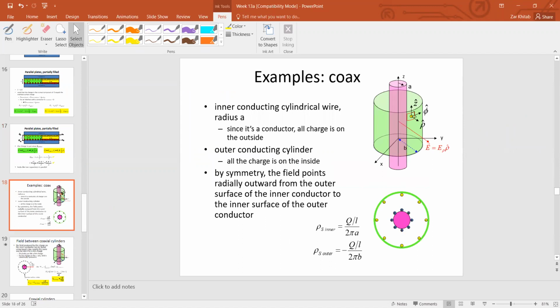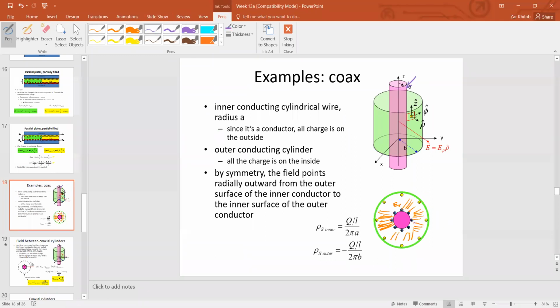Now coming back to the example of the coaxial cable. This example for us is very important and we'll be working on this for the rest of our course also. We know that the coaxial cable has an inner conductor, this pink one, and then we have this dielectric region with epsilon r, and then we have the outer conductor, which is the green one.